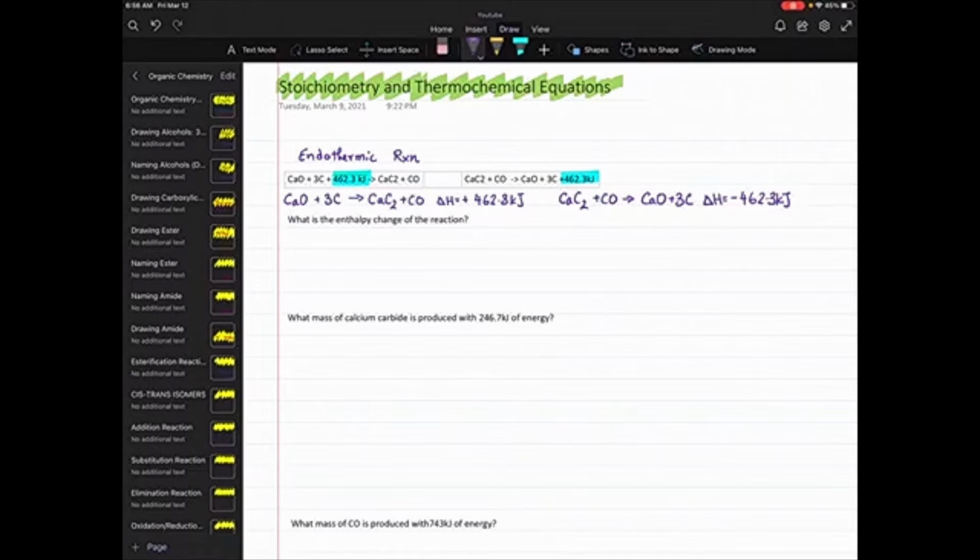But when a chemical reaction takes place, it is much easier to determine what is the change in energy of the system, which is considered the enthalpy change. So enthalpy change is the change in energy of the system, right? So it is easier to tell the change rather than knowing the overall energy of the system.